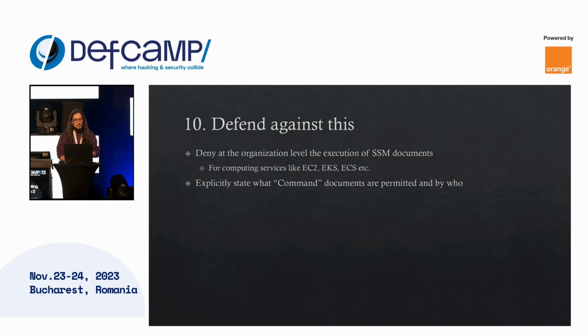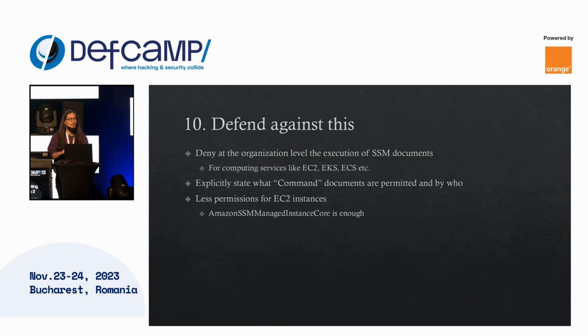Also, you should explicitly state what documents are permitted to run in your AWS organization and by whom they can be executed. Of course, less permission for EC2 instances. AmazonSSMManagedInstanceCore is a policy that is enough. You should put it on the instance and wait 15 or 20 minutes, and the EC2 instance will be present in Fleet Manager and everything will be fine.